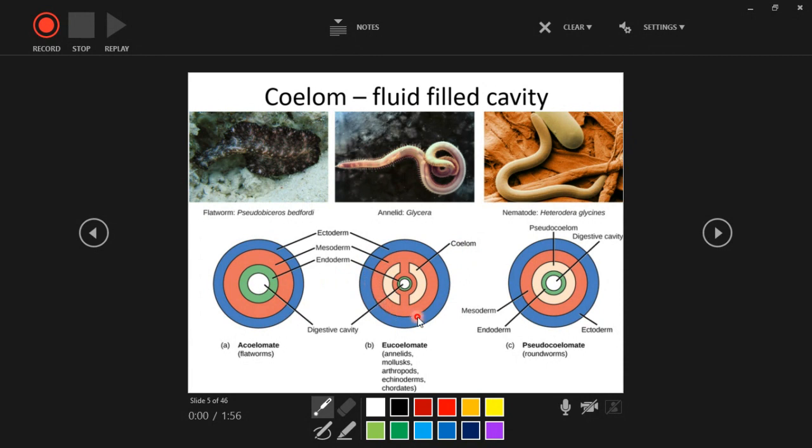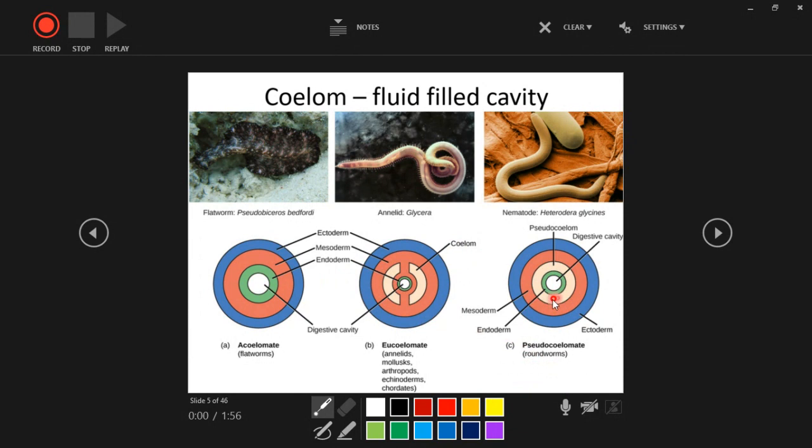But if you have a coelom that is not surrounded totally by the mesoderm, this is called a pseudocoelomate. That means it has a coelom, but it's not purely surrounded by the mesoderm.